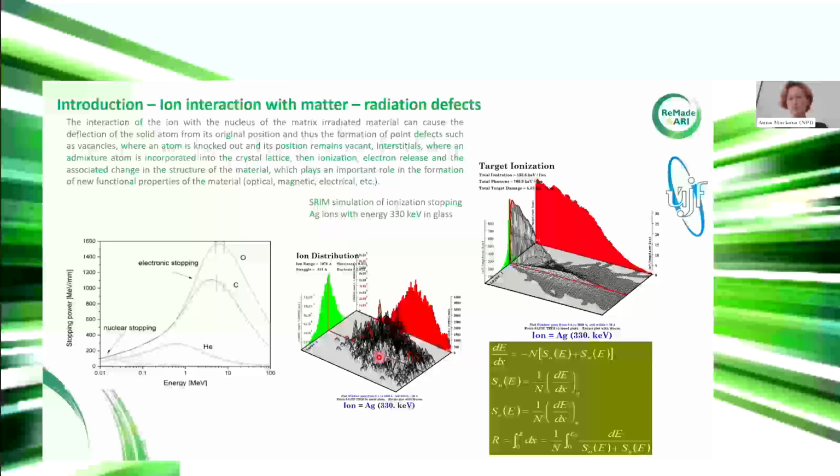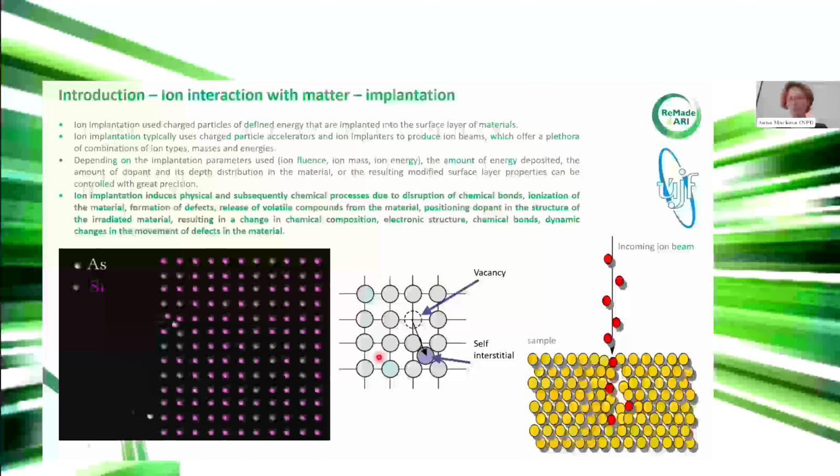So from the simulation, this is very simple, it shows how the defects are created. Typically we are creating point defects, so-called Frenkel pairs, where a vacancy and a self-interstitial appear. But of course, these defects can accumulate and migrate and so on during implantation in crystalline materials.